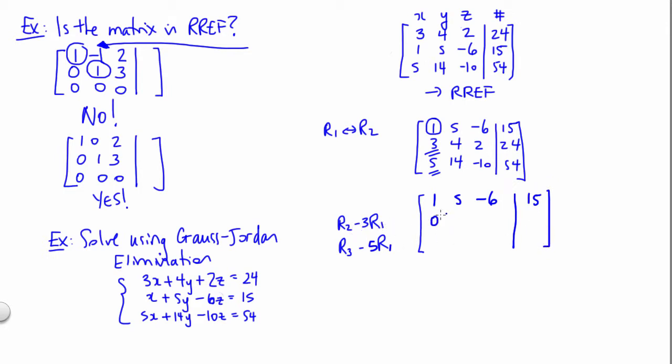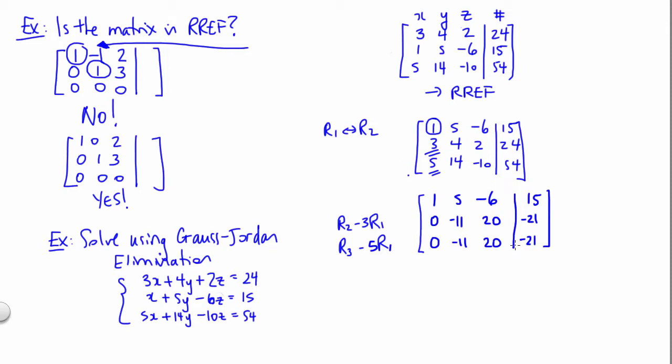That gives us 0, negative 11, positive 20, and minus 21. And for the bottom row, row 3 minus 5 row 1 is going to give us 0, minus 11, positive 20, and minus 21. Okay, and we can just double check that work here before we go on to the next step. So that looks good.